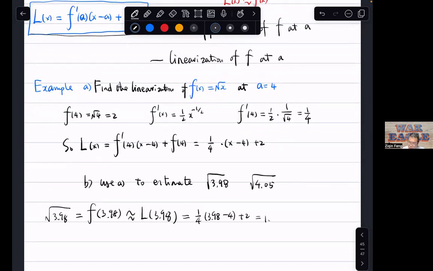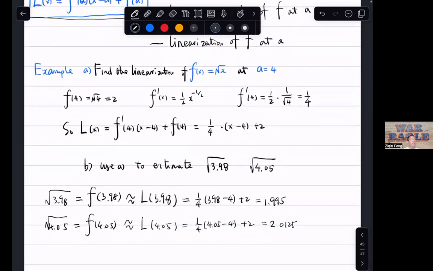This is 1/4 times 4.05 minus 4, plus 2, which is 2.0125. That's an example where we find the linearization of a function and use it to approximate a number very close to A.